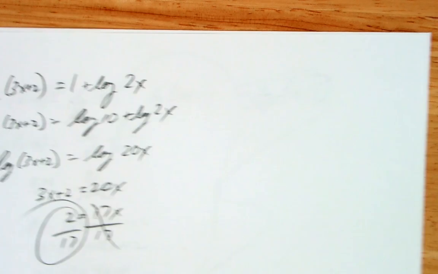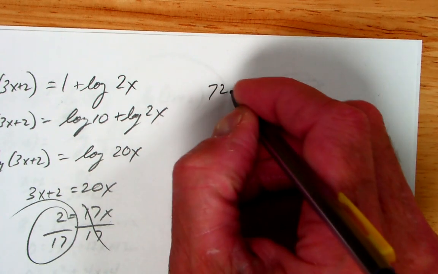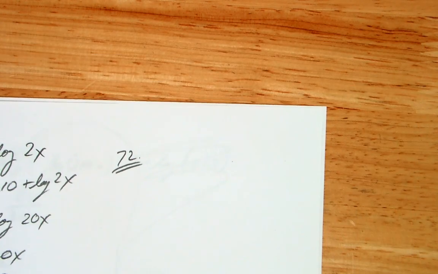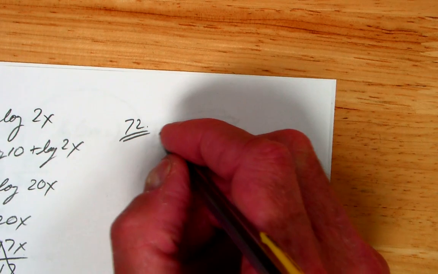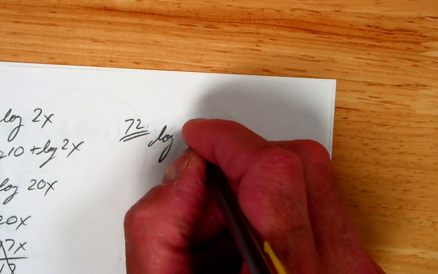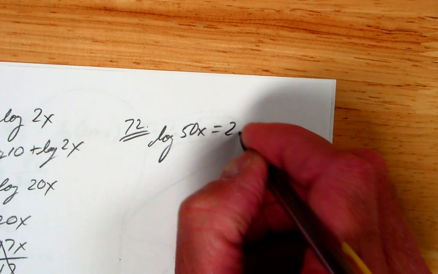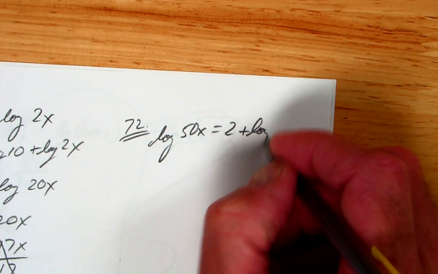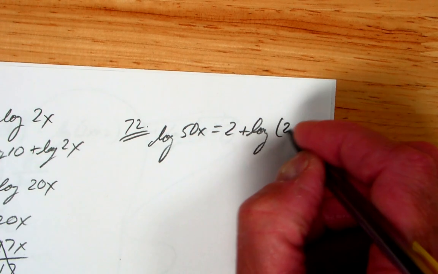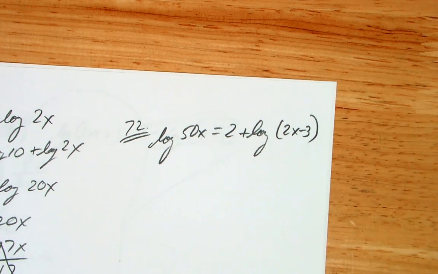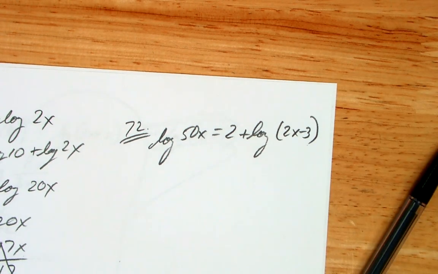Okay, so I'm going to ask you guys to try one on your own. Log of 50x equals 2 plus the log of 2x minus 3. Try it.